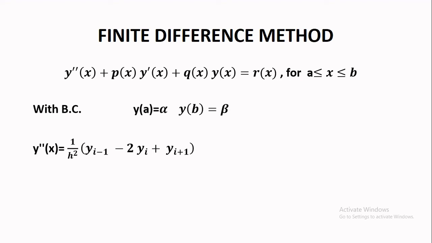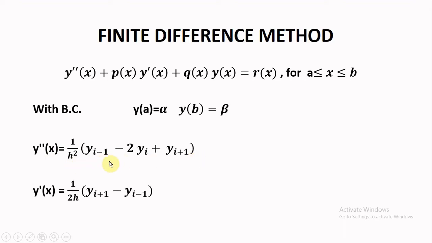In order to solve the differential equation using the finite difference method, we have to replace the second order and the first order derivatives appearing in the equation with finite difference approximations. If we make use of the central difference approximation, then the second order derivative, y double prime x, is replaced by this approximation.